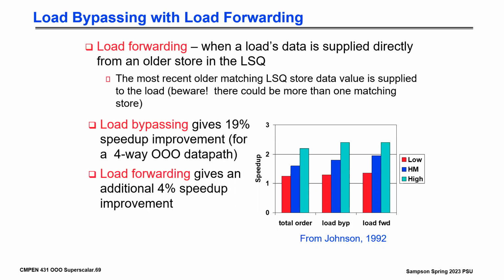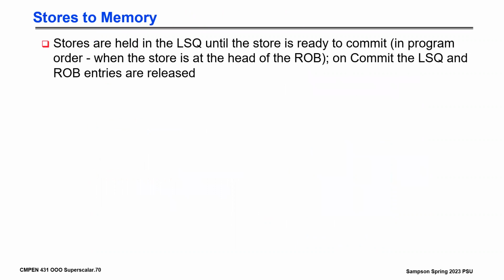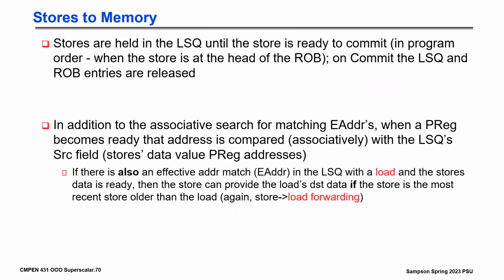Being able to issue loads out of order past all the stores, even conservatively, will get you double-digit performance improvements. And if you go even more aggressively, you can go even further. Stores are going to stick around until we know they've actually happened. They're going to be there in the LSQ for quite some time.